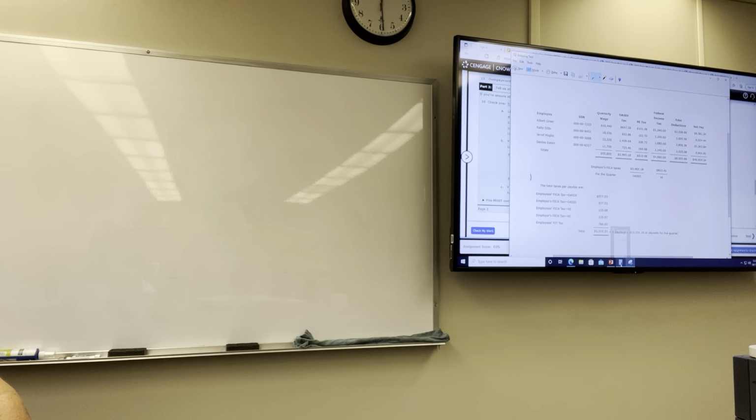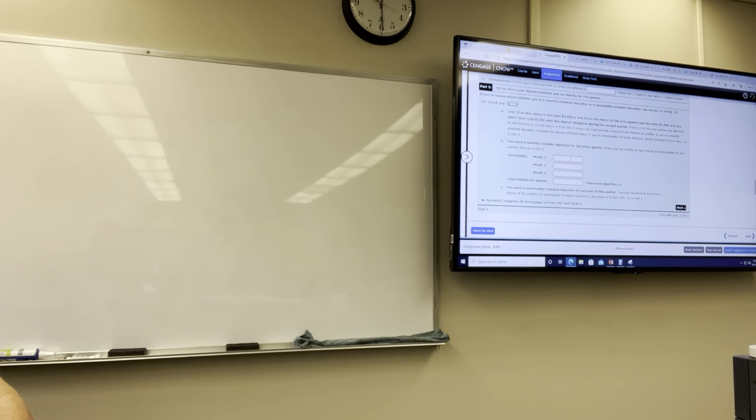Yeah, you could do that. Absolutely. That'd be the easiest way to do it, wouldn't it? 13,231.26 divided by 3. 4,410.42. Nice even number there. I don't have any rounding there. So 4,410.42 for each of those months.